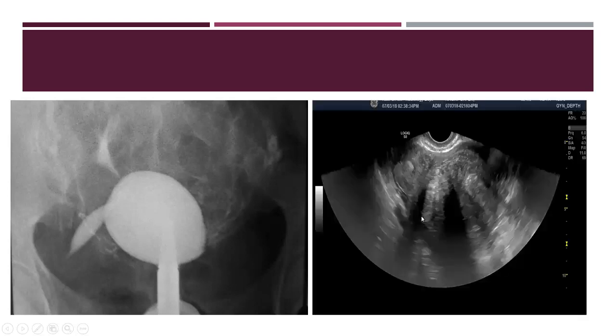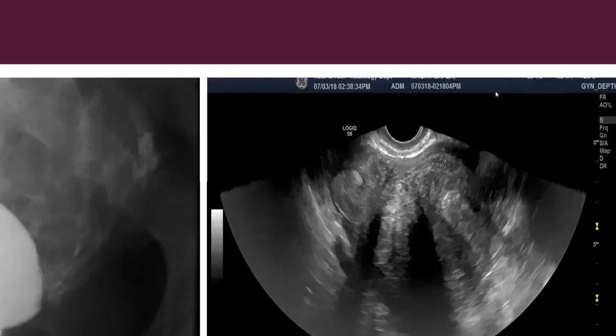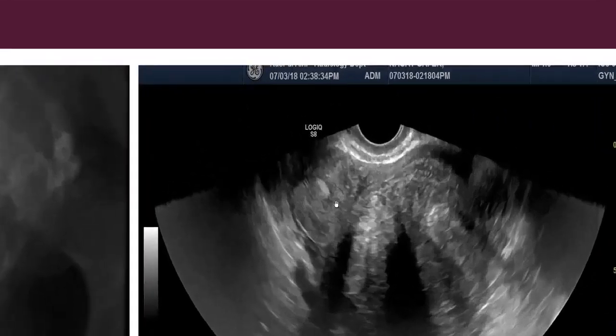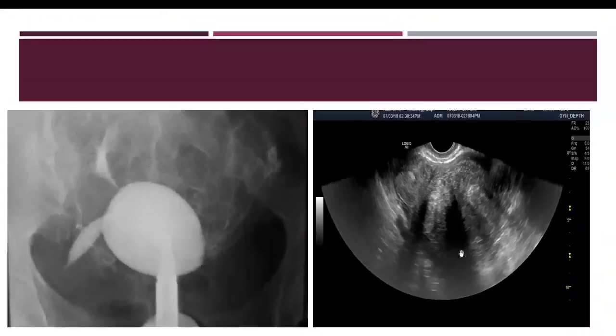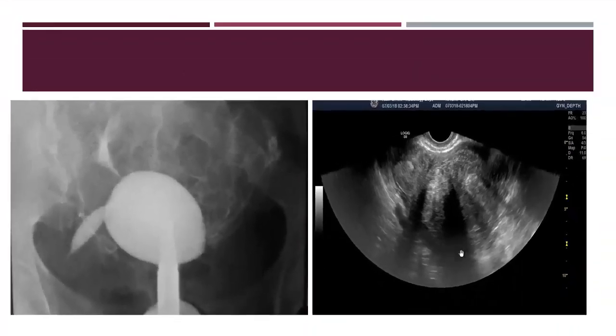On ultrasound, there is a very large posterior cervical lip fibroid, interstitial to subserous in location, and you note here it is stretching the cavity over it. This is the anterior lip of the cervix. So the contrast appears as if it is spread over the fibroid, so it gives this appearance.